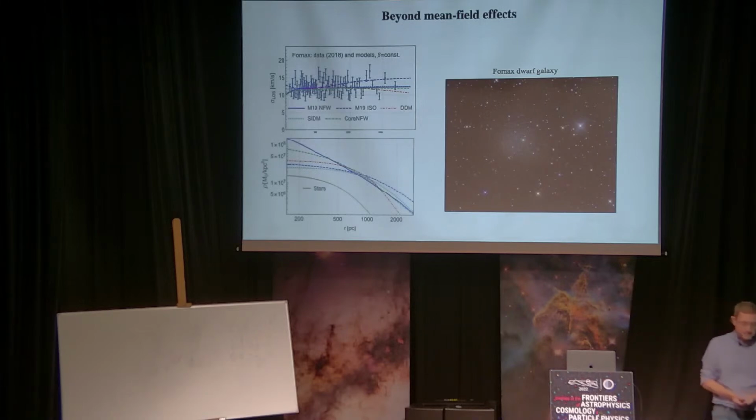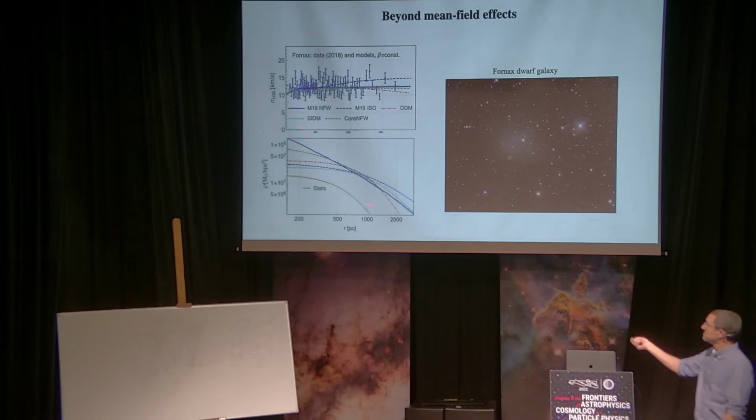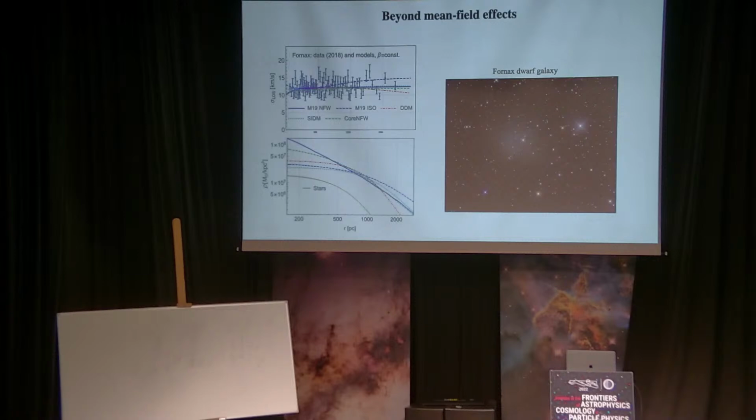And to set the stage of what I will choose to focus on, let's look at Fornax again, this dwarf spheroidal galaxy. We looked at the dispersion curve of Fornax before, and what I put on the left is some example of dark matter models. So in this plot, there is density as a function of distance. These are mass models for Fornax. This is a model of the stellar contribution based on stellar evolution models and on the measurement of the brightness.